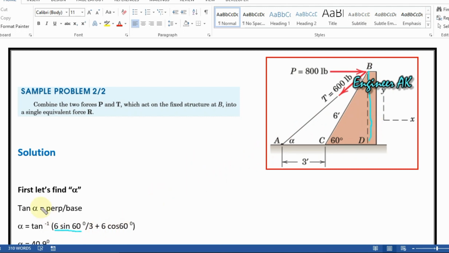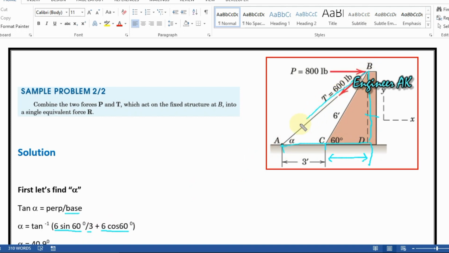Now if I talk about the base, from here till here it's 3, and from here till here it was 6, in this triangle BCD. This was 6 sine of 60, so this will be 6 cos of 60. So I have written 6 cos of 60 plus 3. This is the total base of this triangle from here till here.